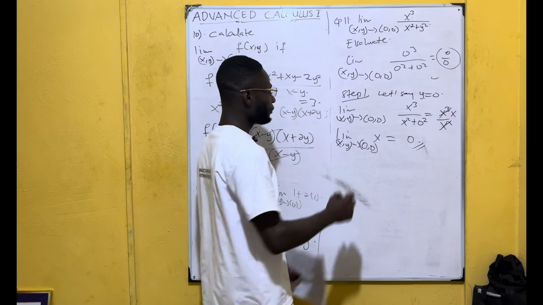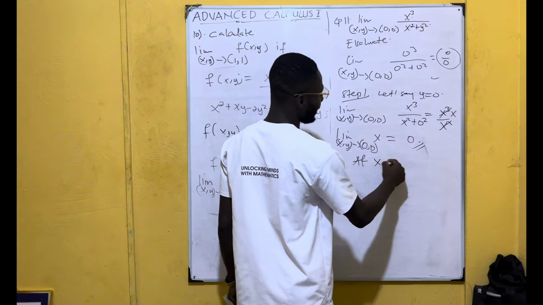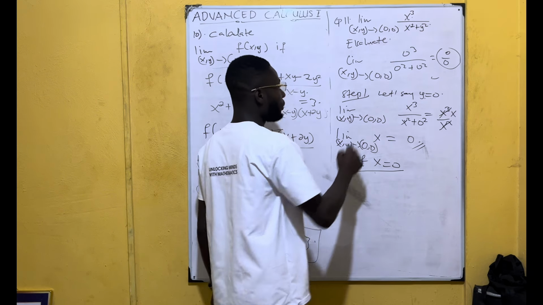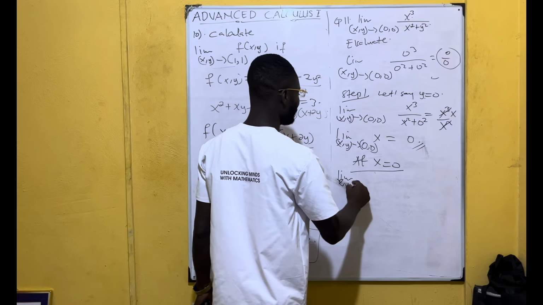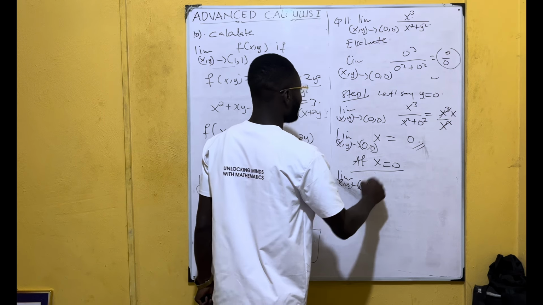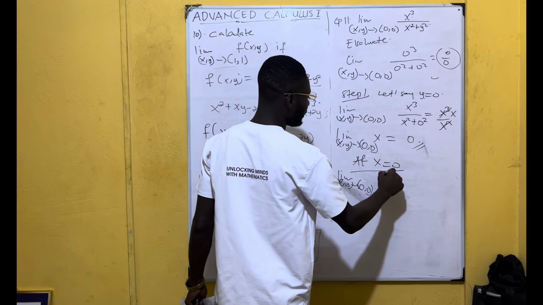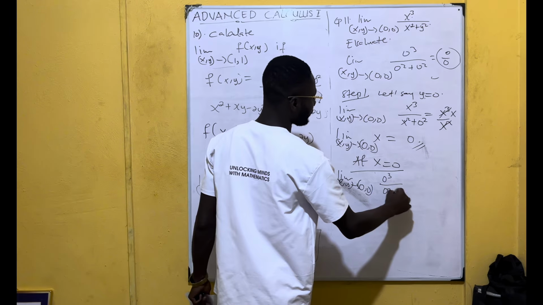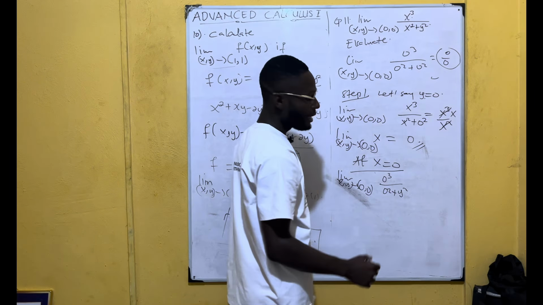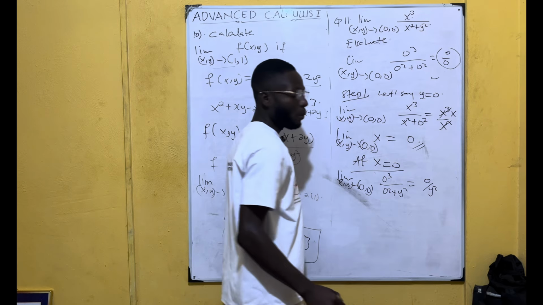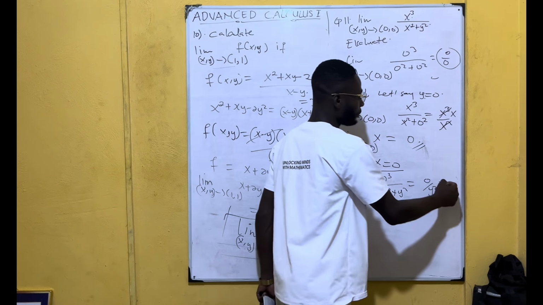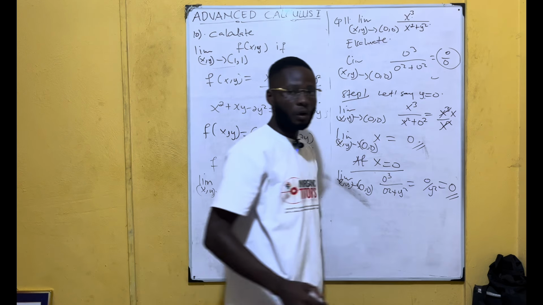Now let's check for when x is equal to 0. At x equal to 0, the limit as (x, y) approaches 0, 0 is 0 cubed divided by 0 squared plus y squared, which is 0 over y squared, and this is equal to 0.